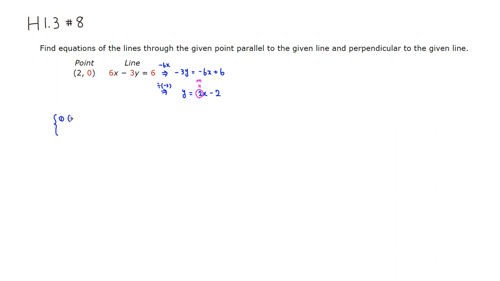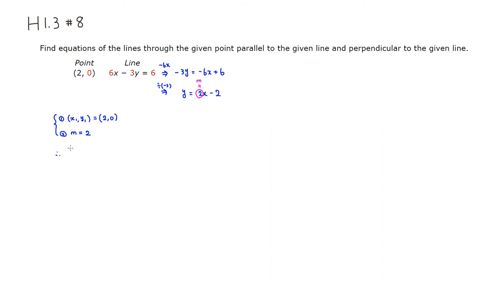The point, which I usually call x1, y1, is given to be 2, 0. And second, we have a slope. The slope m has to be the same as the given line, so it's 2.